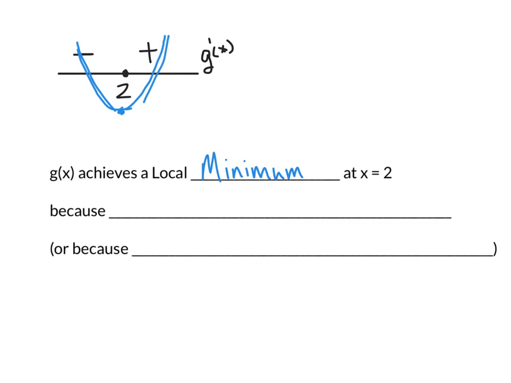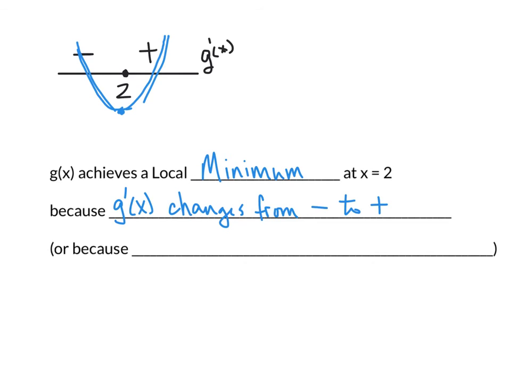That being because the derivative, g prime of x, changes. And we can't say just that it changes. We have to say that it changes from negative to positive, because the original function has to be changing from decreasing to increasing.